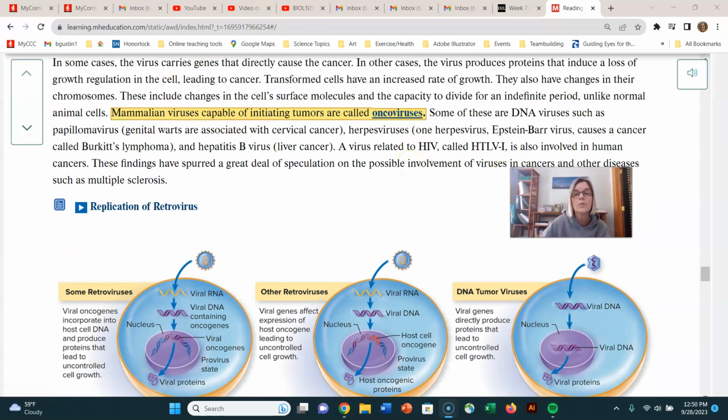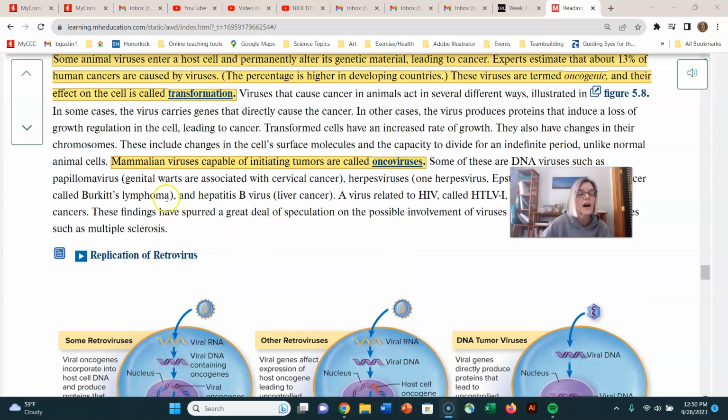And the ones that you have probably heard the most about, one of the big ones, genital warts, is caused by the human papillomavirus. And that's an oncovirus. The reason why women get those pap smears every year is because some of the viruses that cause genital warts cause almost all the cervical cancer. And that's what the pap smear is looking for.